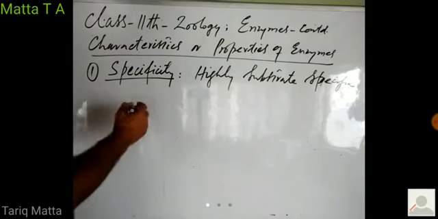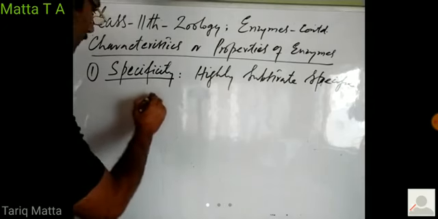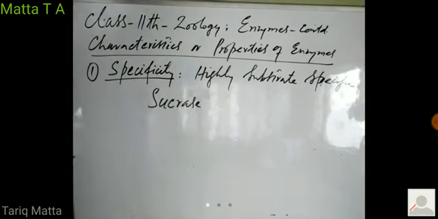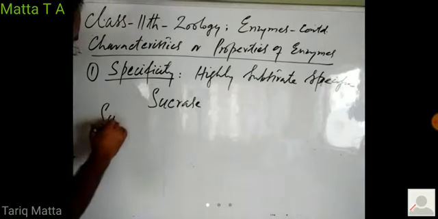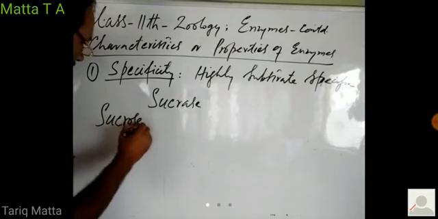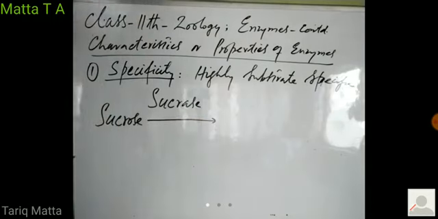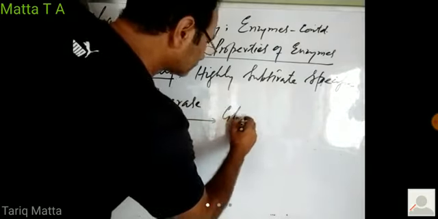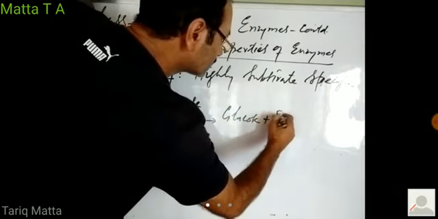For example, if we talk about sucrase, sucrase is an enzyme. This sucrase will only work on its substrate, sucrose, and it will convert this sucrose into glucose plus fructose.